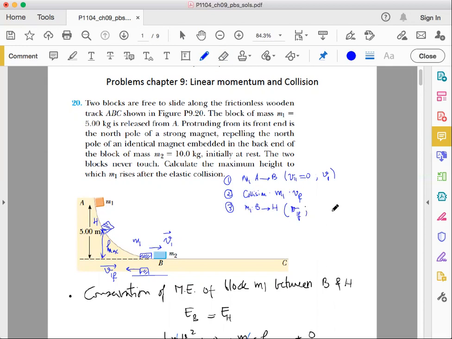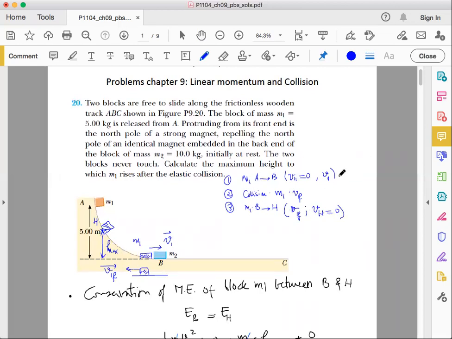And at point H, we should have VH equal to 0. Why? Because we're looking for the maximum height, and the maximum height corresponds to the time when the block M1 stops moving. So basically VH is equal to 0.